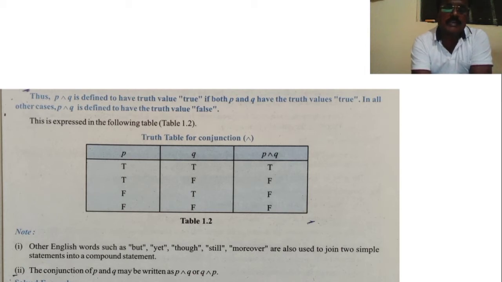The conjunction is true if both simple statements are true, and in the other three cases it is false. The conjunction of P and Q may be written as P and Q or Q and P.